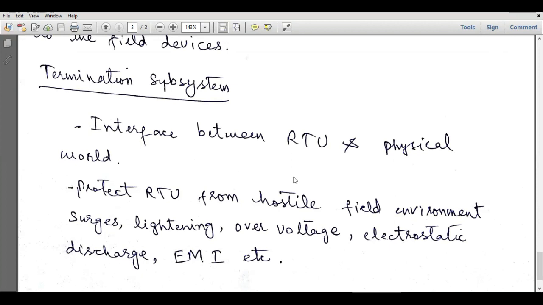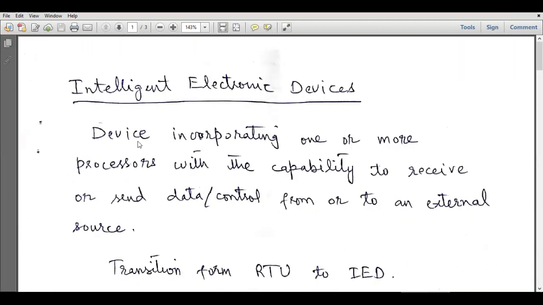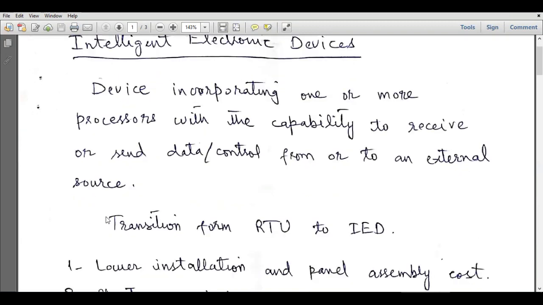So this was a basic introduction of RTUs. Now we will move towards intelligent electronic devices, which are IEDs. So these are the devices incorporating one or more processors with the capability to receive or send data and control signals from or to an external source. Transition from RTU to IEDs.